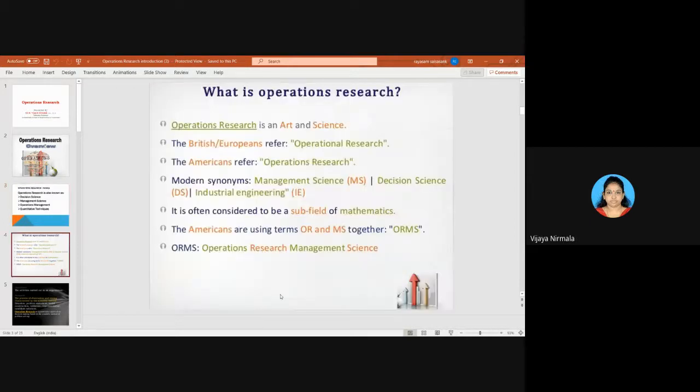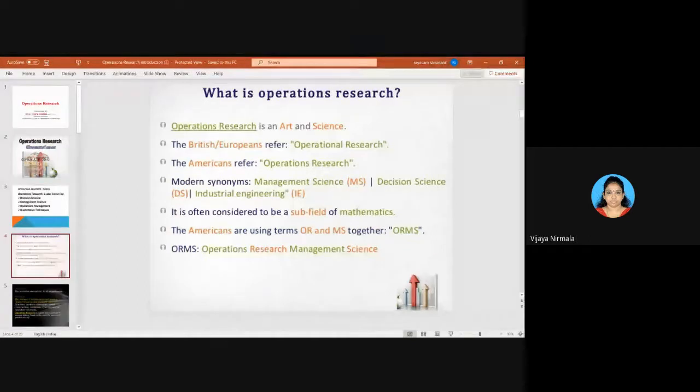Now, let us see. If you move to the next slide, you can see what operations research actually is. Operations research is an art as well as a science; we can't tell whether it is used in science or in art.